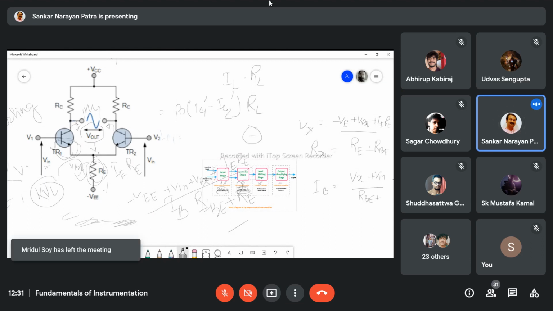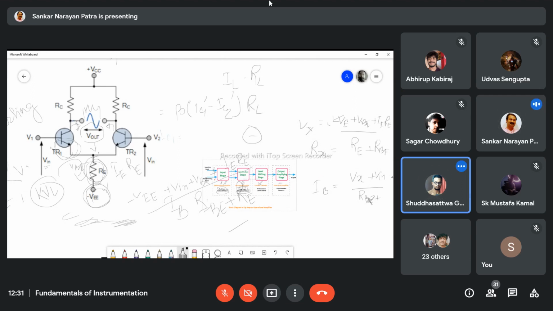So this is RX. If I make it simple, VE is a fixed voltage, right? Fixed voltage. So the current through it means V in minus VEE.